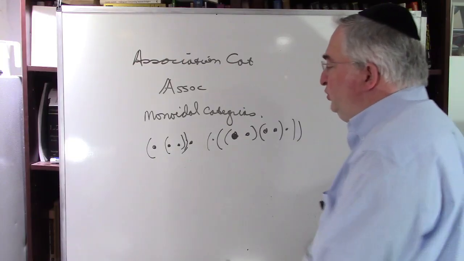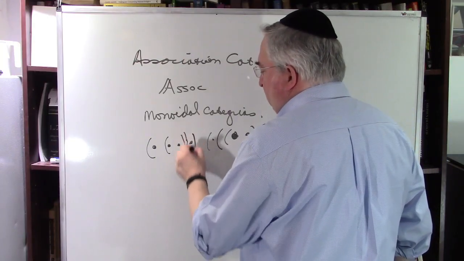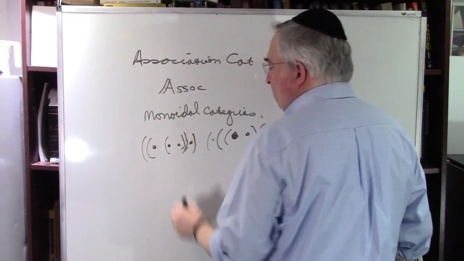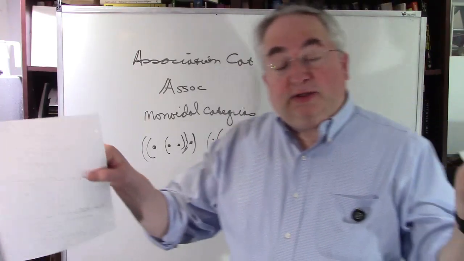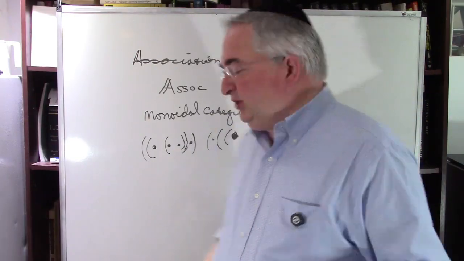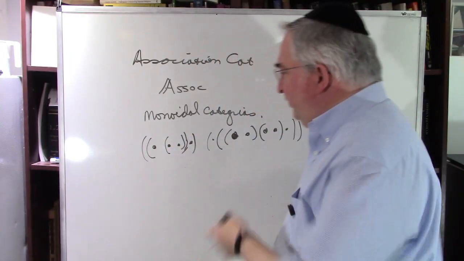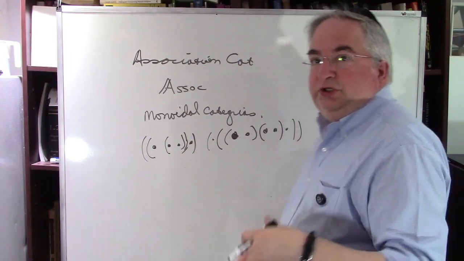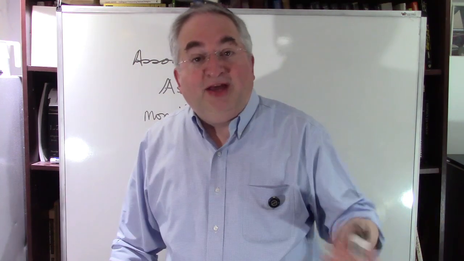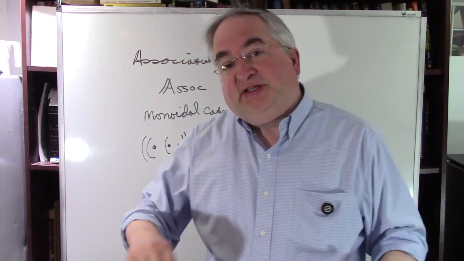Okay. Given two such parenthesizations, the tensor product of them is just put them together. Okay, so they're all things of this form. They're all just parenthesization of any number of dots. And the way to think of them is they're placeholders. The dots are placeholders for other letters.